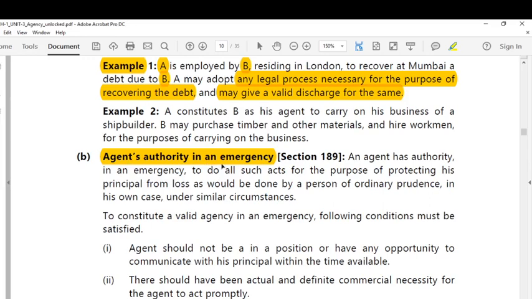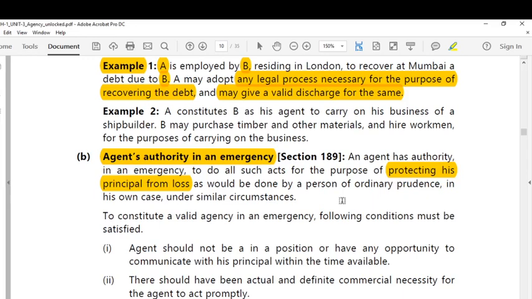And agent's authority in an emergency. An agent has the authority in an emergency to do all such acts for the purpose of protecting his principal from loss, as would be done by a person of ordinary prudence in his own case under similar circumstances.